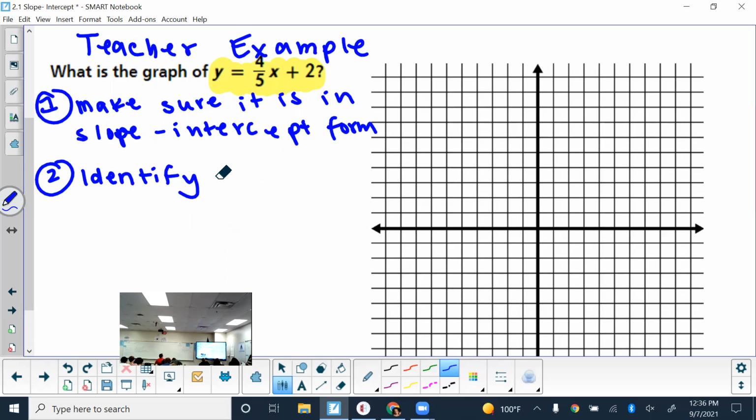The second step is going to be identify and plot the y-intercept. So in the equation that I highlighted, what is the y-intercept?